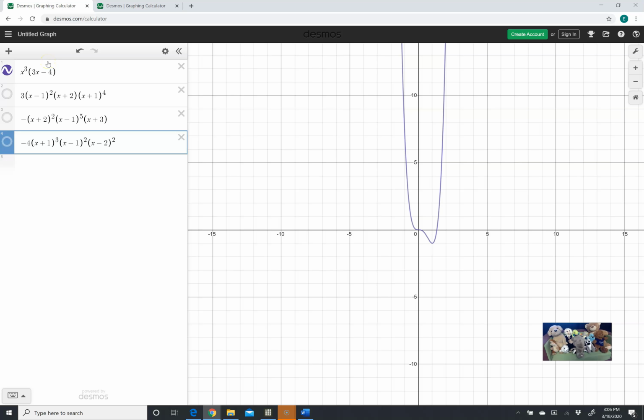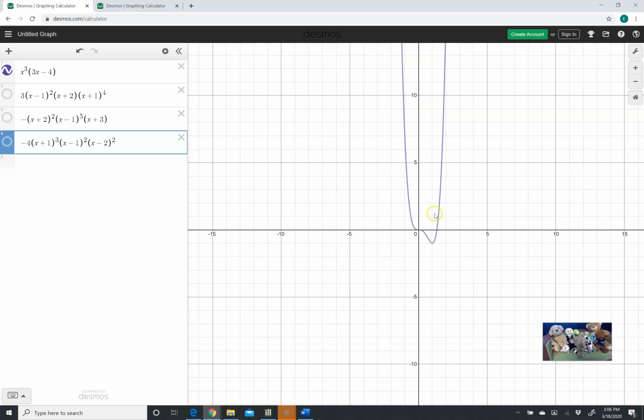And then the end behavior: the degree here is 3 plus 1, so we still add the exponents. The degree is 4. The leading coefficient is 1, positive, and the degree is even, so both sides are rising. And if we plugged in x equals 1, you would see that you get something close to -1.